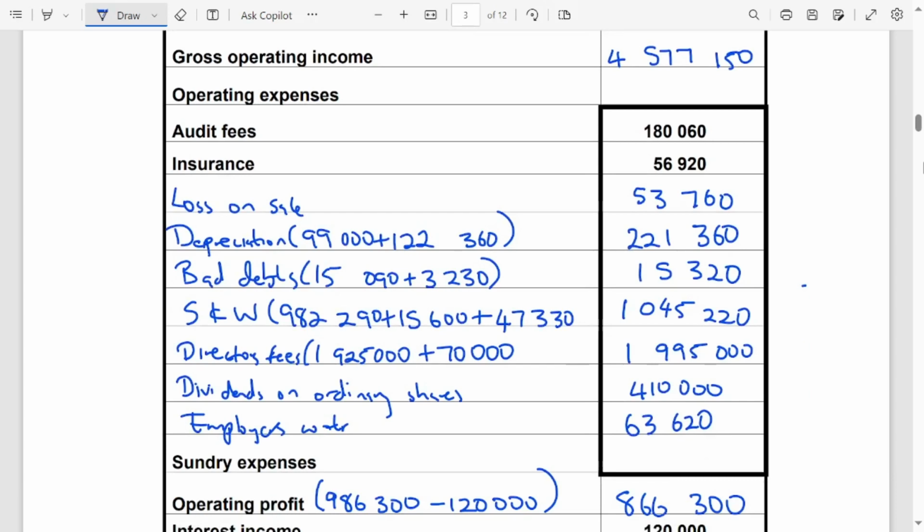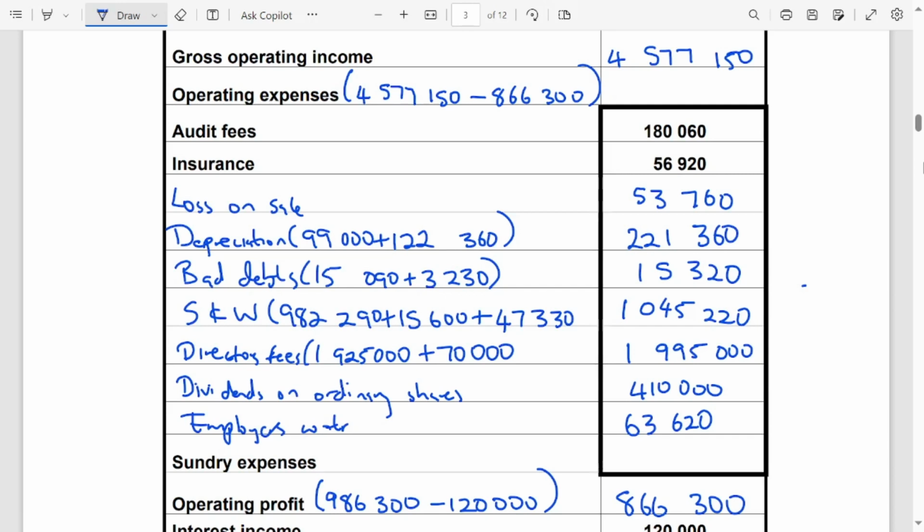We know that to get the operating profit, we must say gross operating income minus operating expenses. So to get the operating expenses, we must just take the gross operating income minus the operating profit.